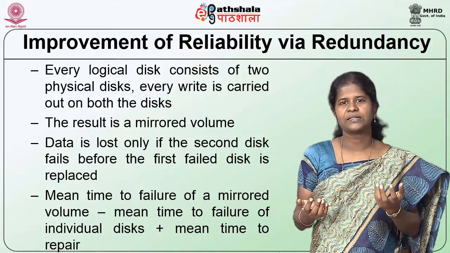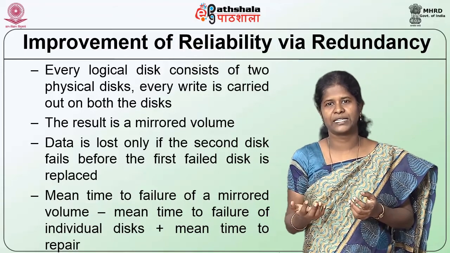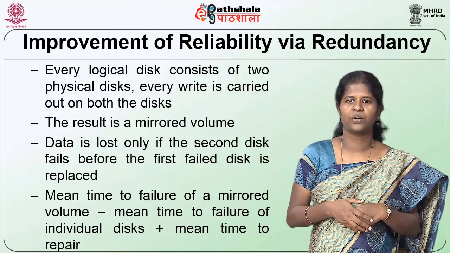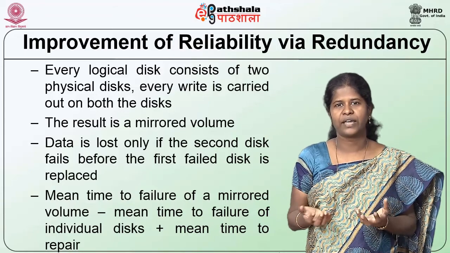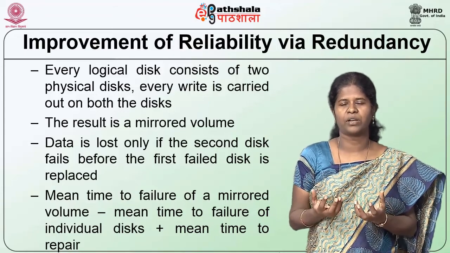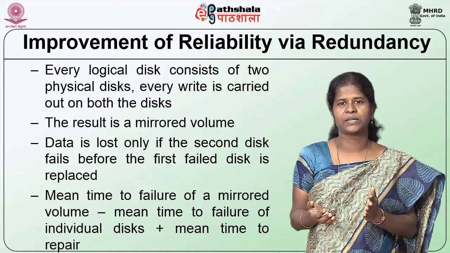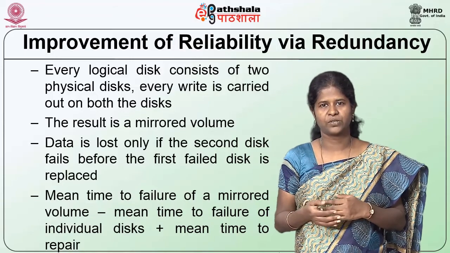Before the first disk comes back after repair, if the second disk fails, then you have no access to the data. So, the mean time to failure for this entire volume, the original and the mirrored volume, is the time it takes for one disk to fail plus the mean time to repair the failed disk.